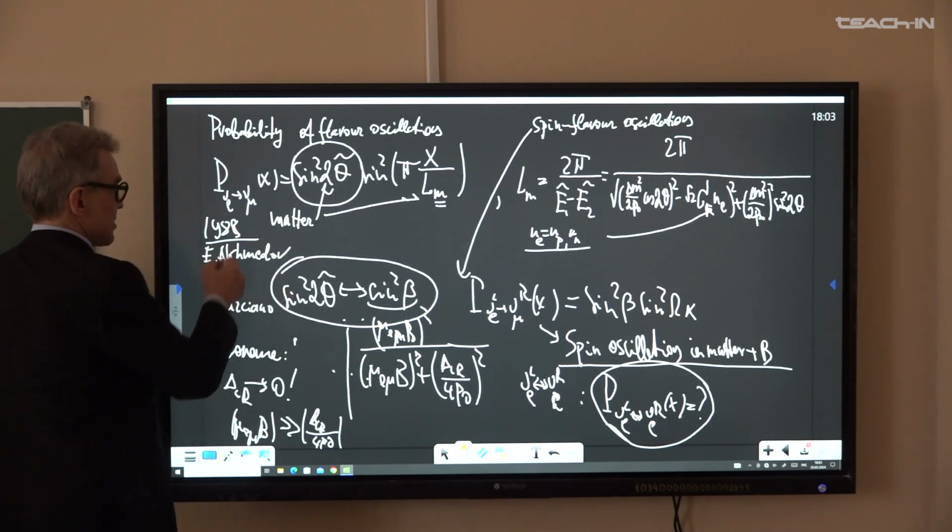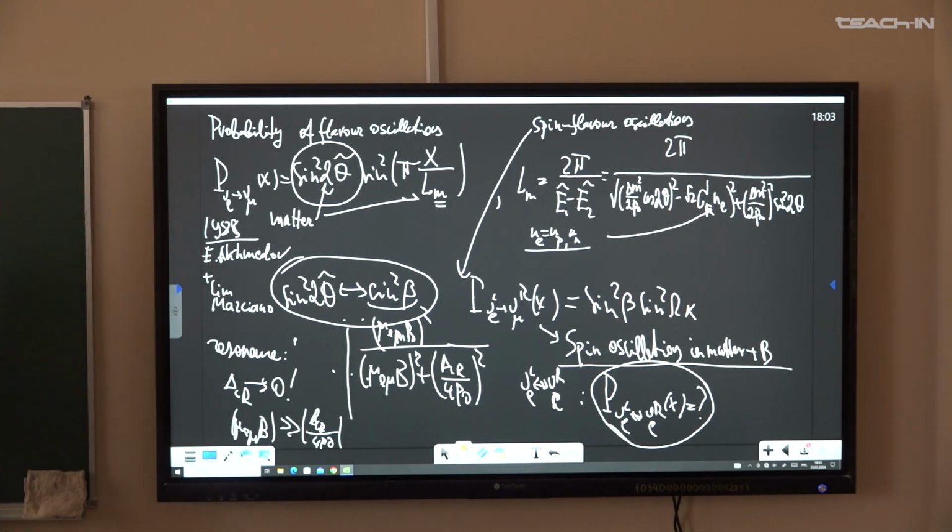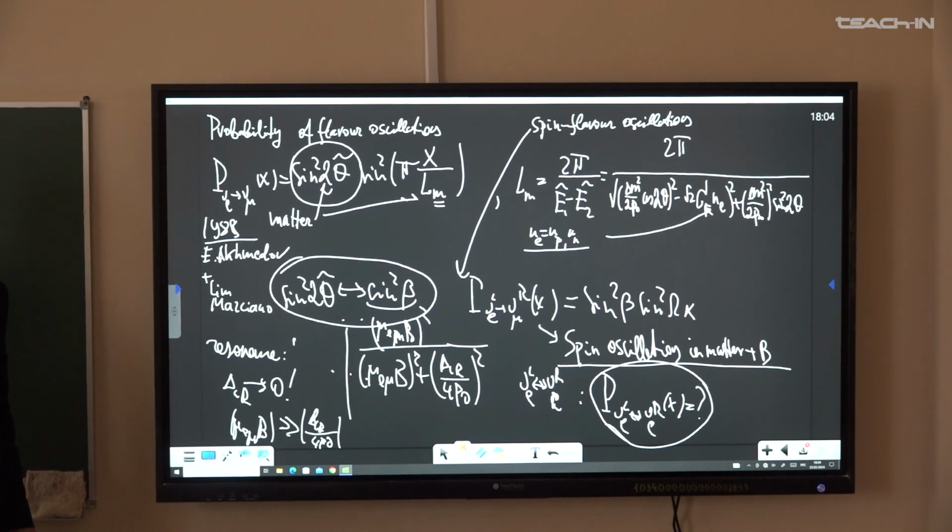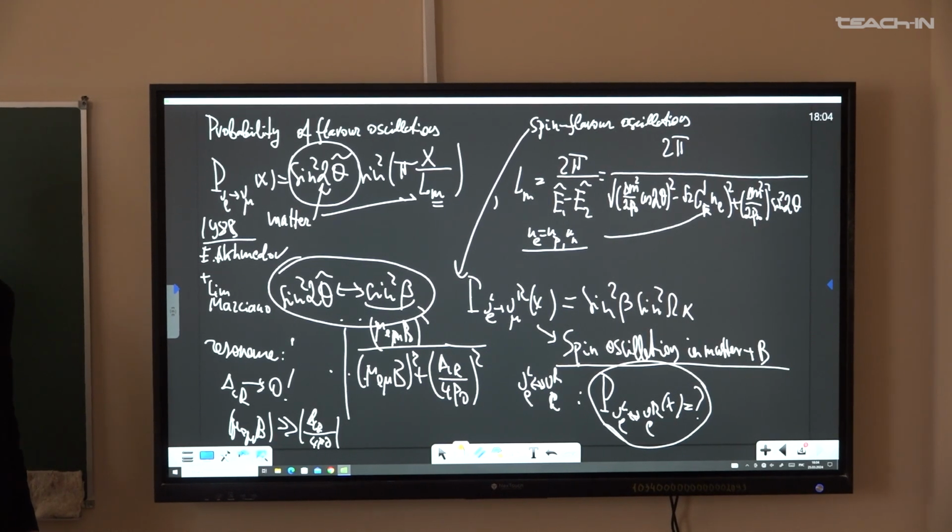There were 2 papers published in 1988 in one journal, Physical Letters B, and they predicted that there could also be resonance amplification of spin flavor oscillations. A very, very interesting phenomenon.